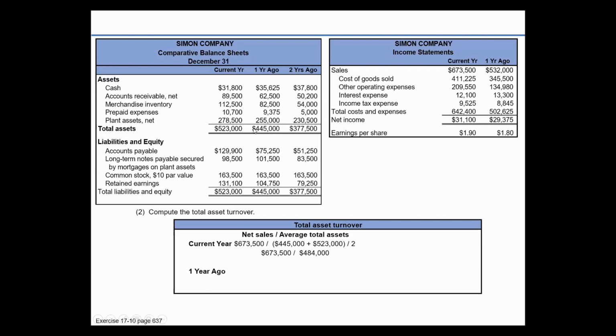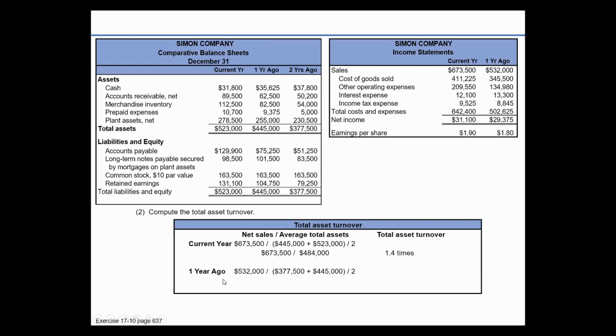You take the sum of that and divide it by 2. You come out with 484,000. So we take our net sales, 673,500, divided by the average of the total assets, and it comes out to 1.4 times.